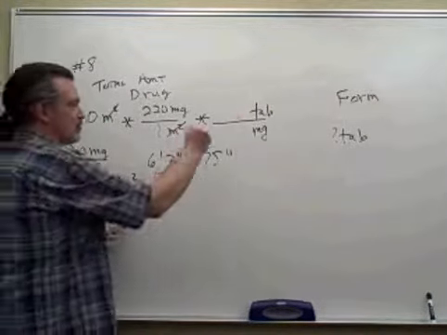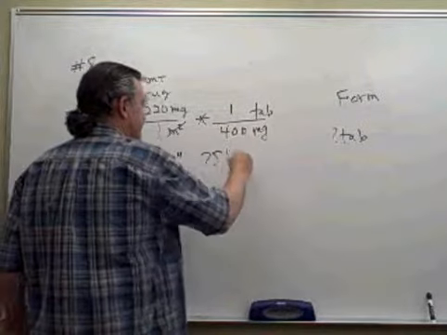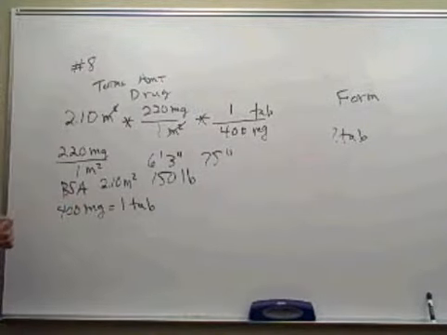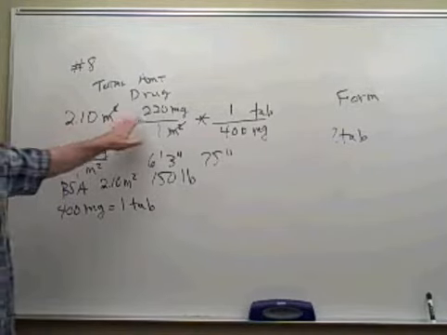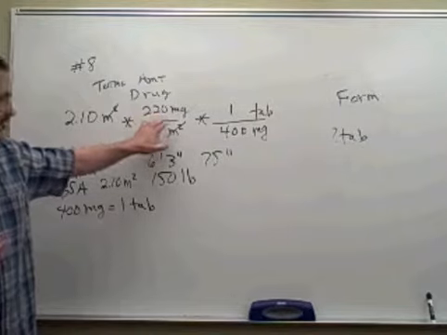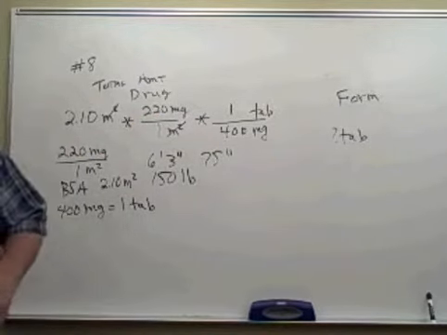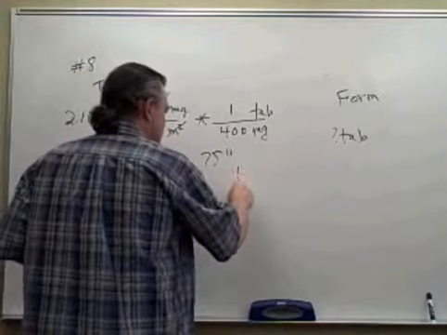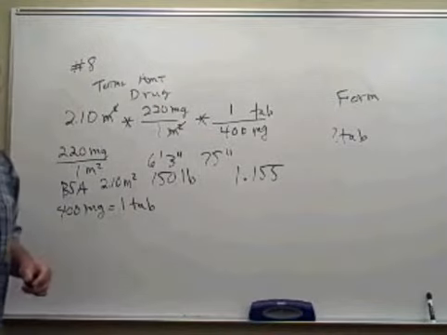So 1 goes with tablets, 400 goes with milligrams. The arithmetic I would perform is 2.1 times 220 and divide that result by 400. When we do that, as far as an arithmetic answer, we get 1.155.